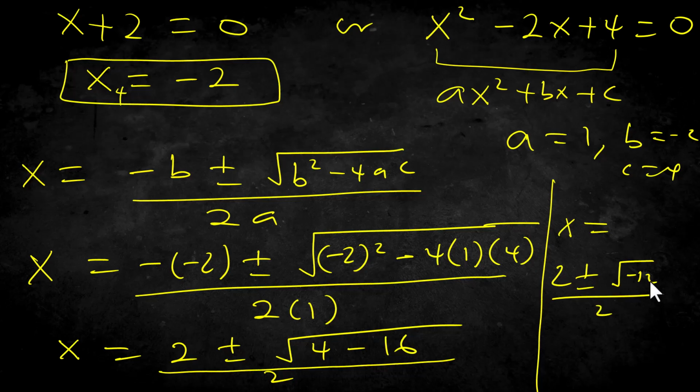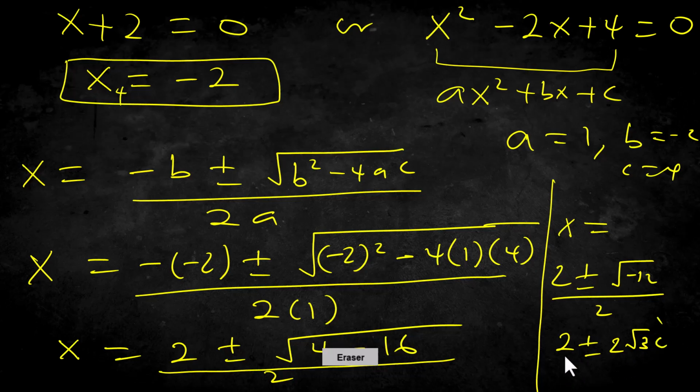Remember, we've already solved the square root of minus 12 here, so that will be 2 plus or minus 2 root 3 i over 2.